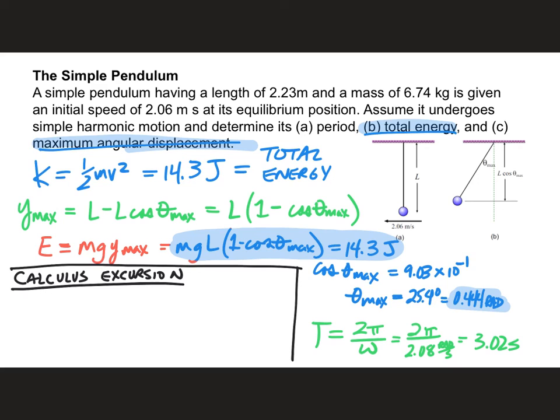Well, it is the case that the time rate of change initially of the angle is equal to the initial speed over the length. All right, and so this ends up giving us, we were told the initial speed was 2.06, the length is 2.23. This means I get 0.924 rads per second.